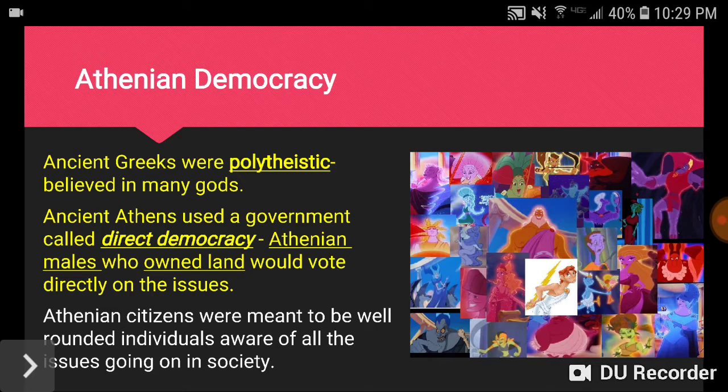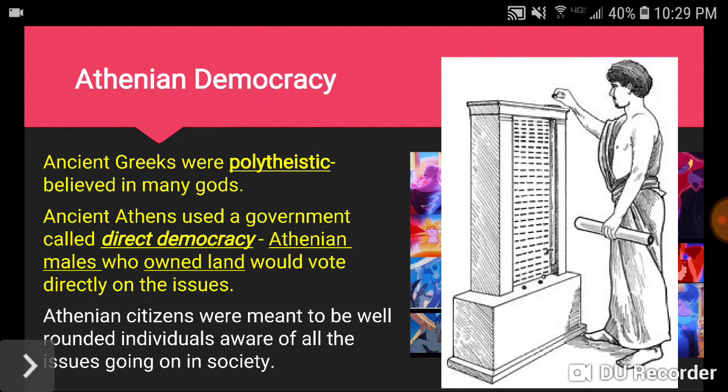What we're really interested to know is not so much the religious beliefs of the ancient Athenians, but what their government style was like. And what the ancient Athenians had as their government style was something called direct democracy. Direct democracy is this idea where Athenian males who own land could vote on any issue directly.